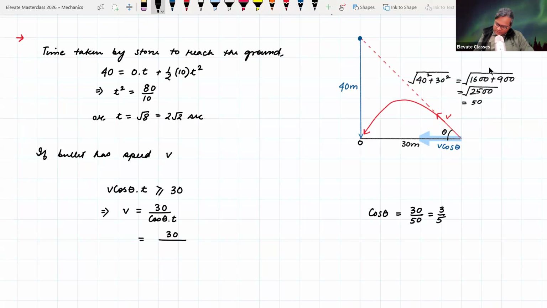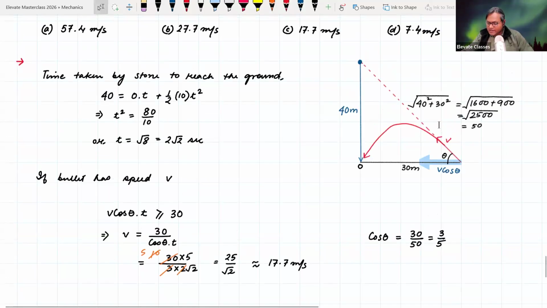So this is 30 upon 3 by 5 times time, and time is 2 root 2. So 3 हो गया ये 10, 2 से हो गया ये 5. So 5 into 5 is equal to 25 upon root 2. So 25 upon root 2 is approximately equal to 17.7 meter per second.